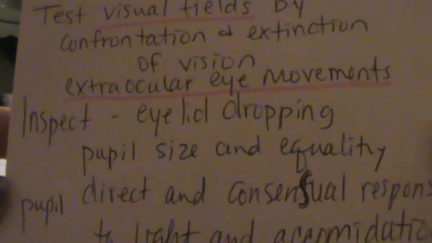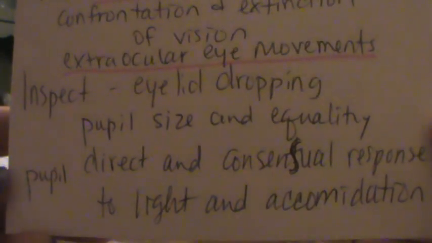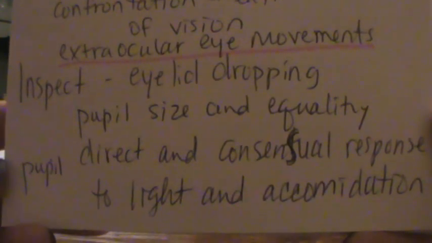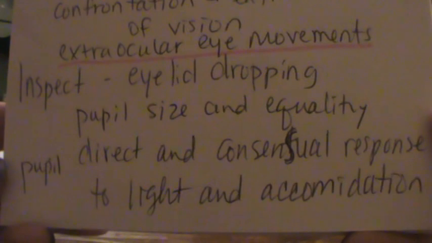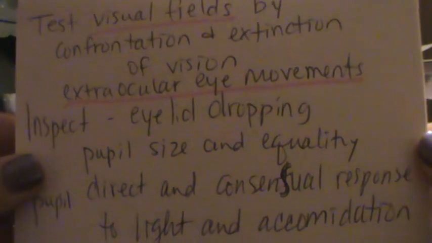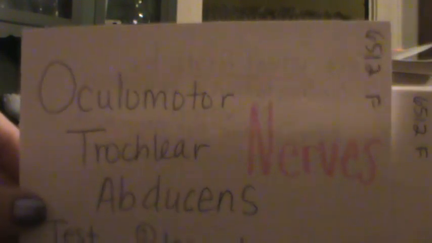Then we're going to inspect to make sure that there's no eyelid drooping. We're going to check the pupil size and equality, pupil direct and consensual response to light, and accommodation. So this is the one that PERRLA is going to come into play with. That is the oculomotor, trochlear, and abducens nerves.